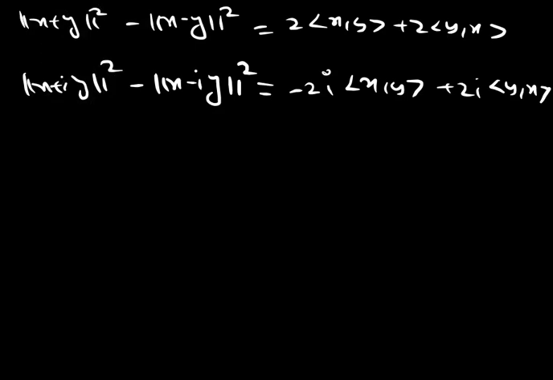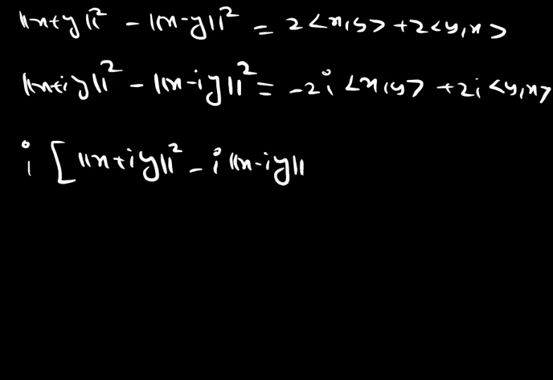If you multiply by i, so i times norm of x plus iy whole square minus i times norm of x minus iy whole square. This is what? Since i square is minus 1, this is 2 inner product of x with y, and then minus 2 inner product of y with x.